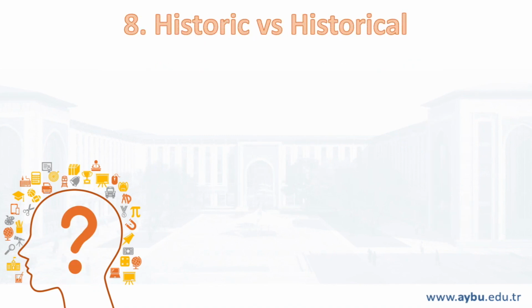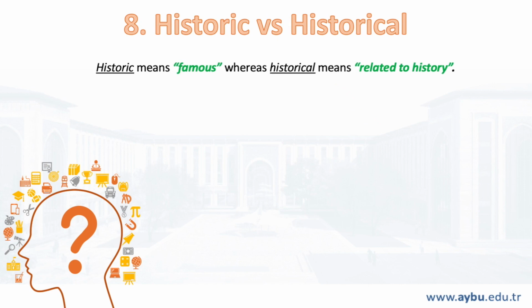The next common mistake is about historic and historical. Historic means famous, but historical means related to history. If you say, what a historic building, that means you're talking about a famous building.